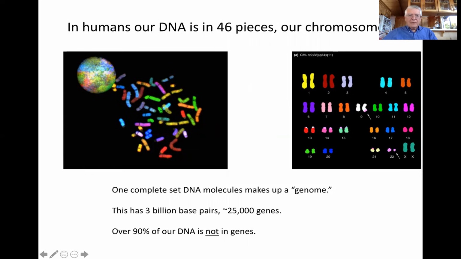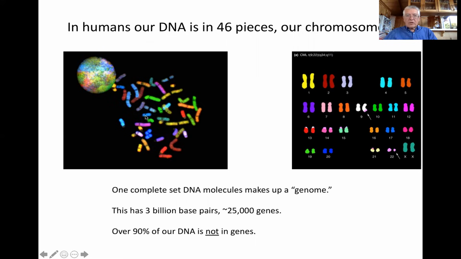For quite a few years, we've been able to use dyes to specifically label each of the different chromosomes. I don't actually know how this is done. It's really quite a trick, but it can be technically done.